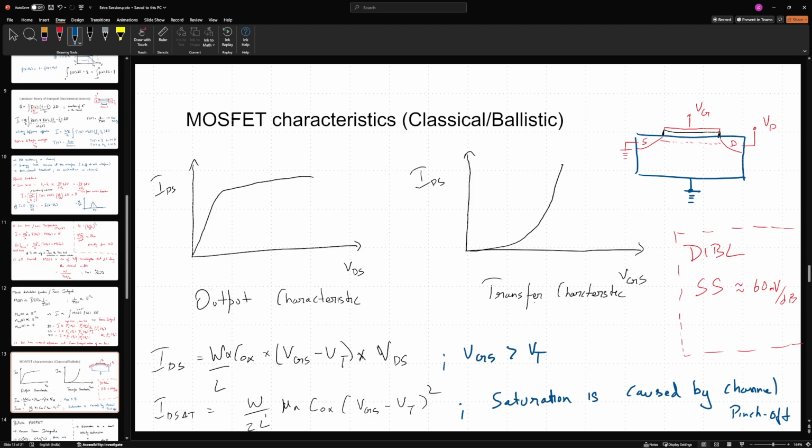Now, MOSFET characteristics, that was the next thing that we looked at. In a bulk MOSFET, I get to see an IDS versus VDS, the output characteristic of this form, where I think I can take some time and draw this properly now. These are things that I sketched very quickly.